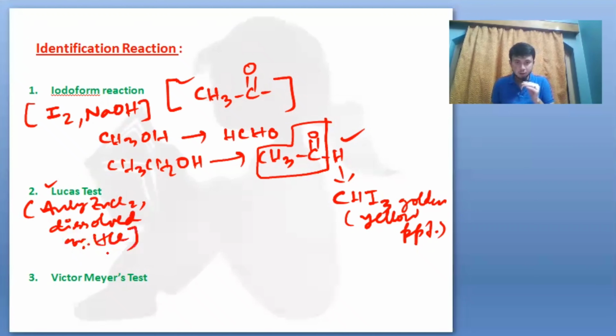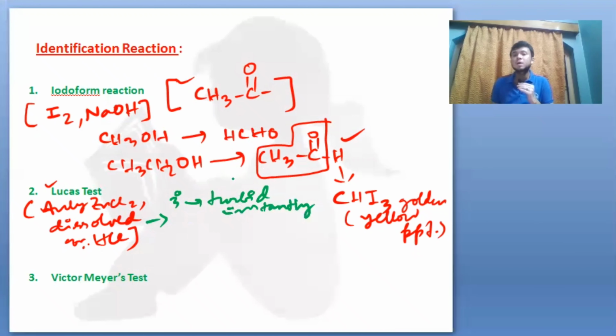Sometimes they just give you these reagents and you have to remember that it was from the Lucas test. Okay, so in the Lucas test, if it is a 3 degree alcohol, it becomes turbid instantly. Okay, instantly it will be turbid.